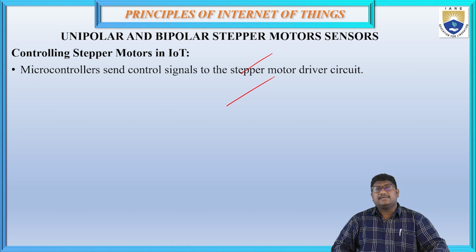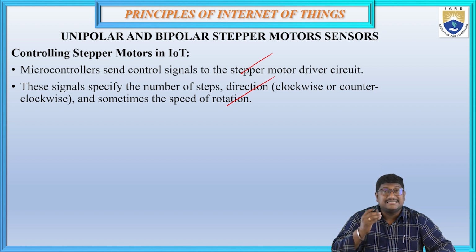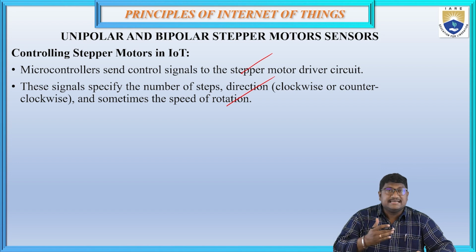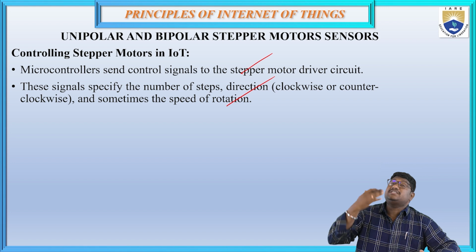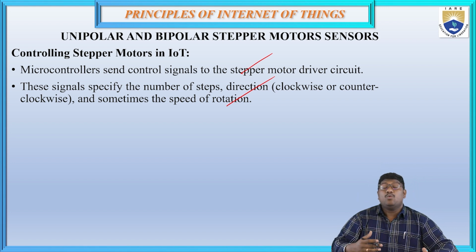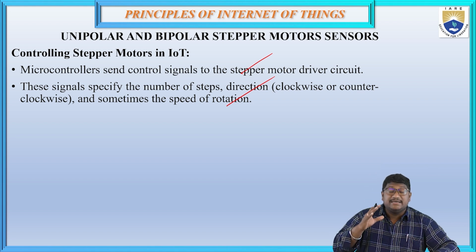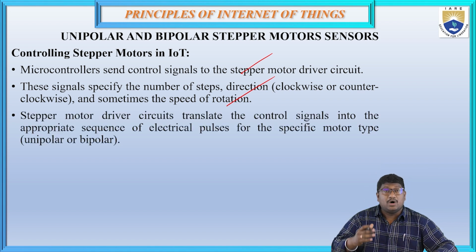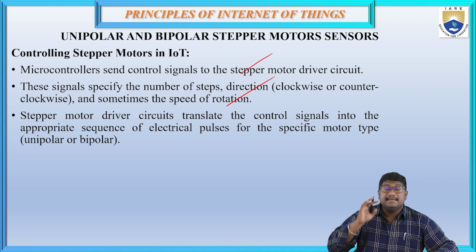In stepper motors, the control is done by microcontrollers, which send signals to the stepper motor driver circuit. With those signals, it specifies how many steps, in which direction, either clockwise or anti-clockwise, and what the speed of rotation is. These are all the things to be taken care of whenever you control a stepper motor.